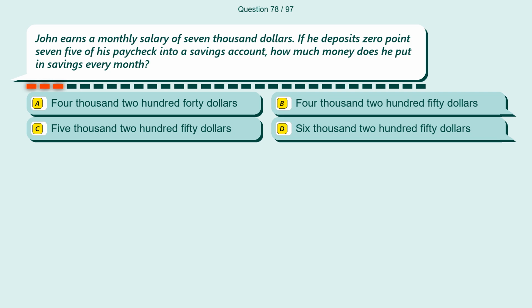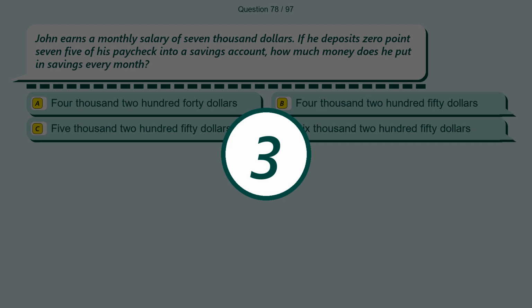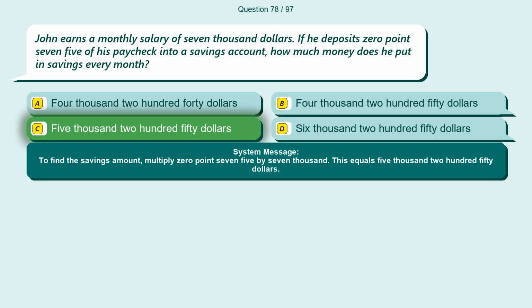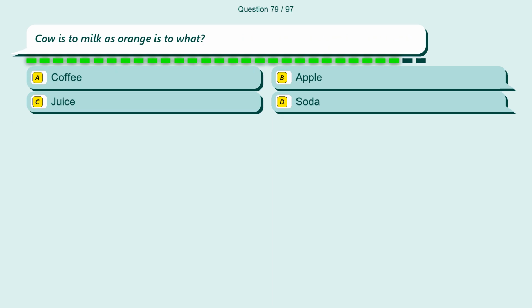Option D, $6,250. The correct answer is option C, $5,250. To find the savings amount, multiply 0.75 by 7,000. This equals $5,250.